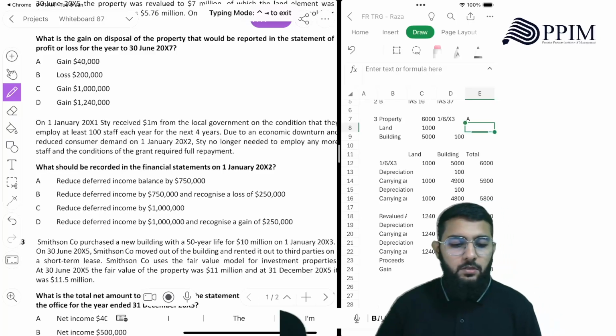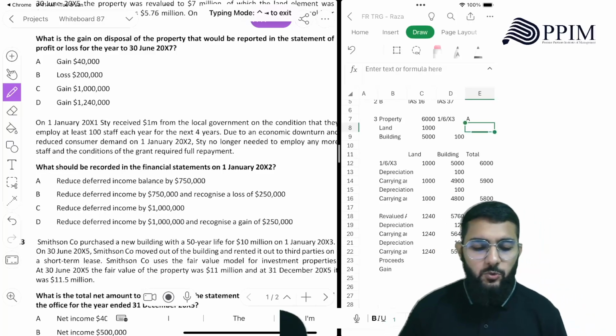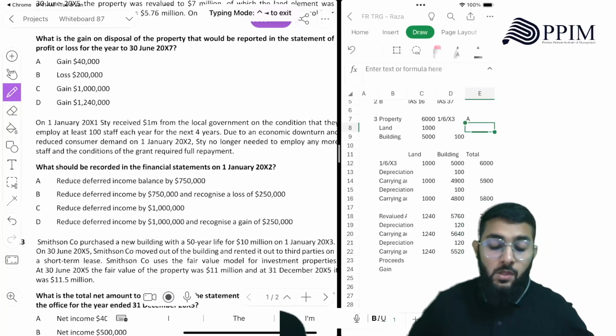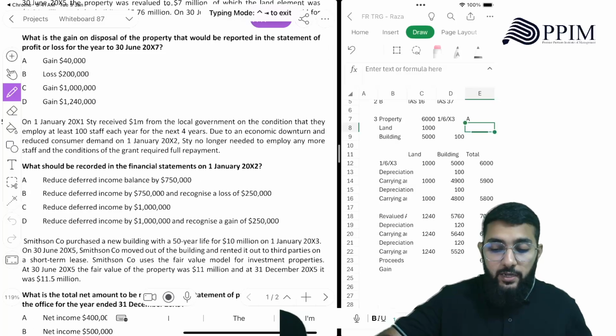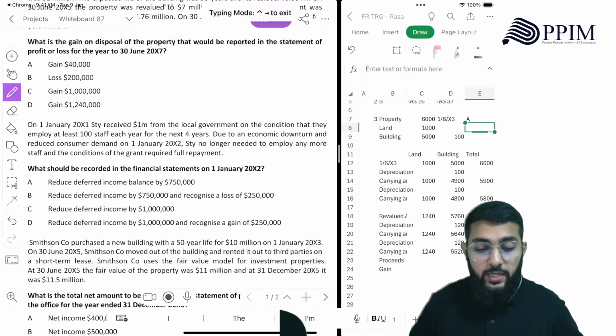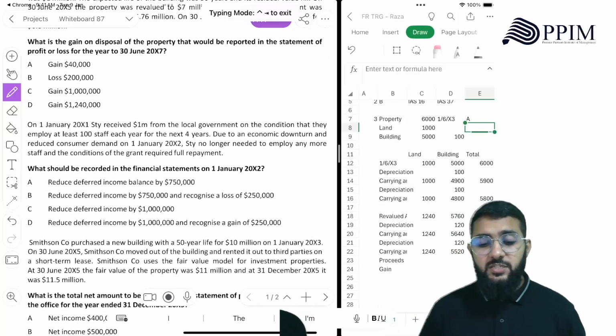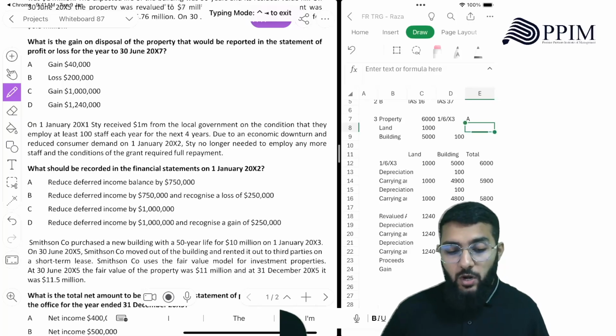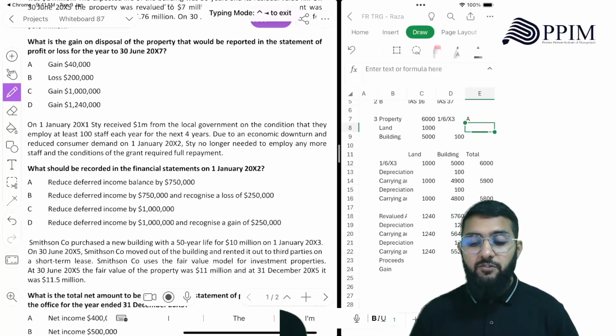Clear? Right. Then the next question is question number 5. Now this is going to be pertaining to government grants, IAS 20. On 1st of January 2021, STI received $1 million from the local government on the condition that they employ at least 100 staff each year for the next 4 years.